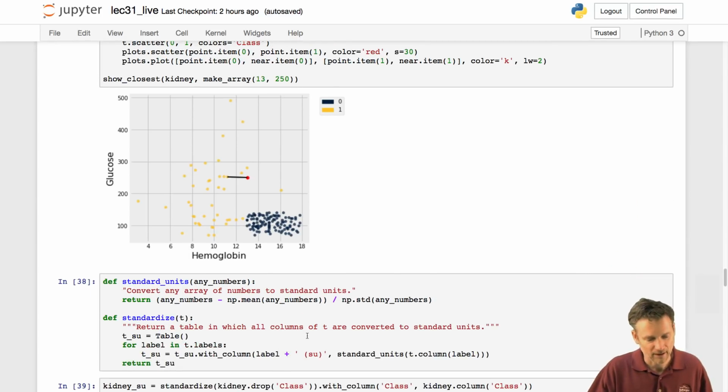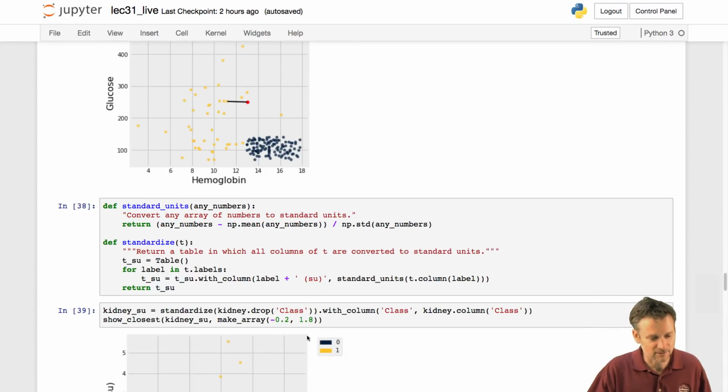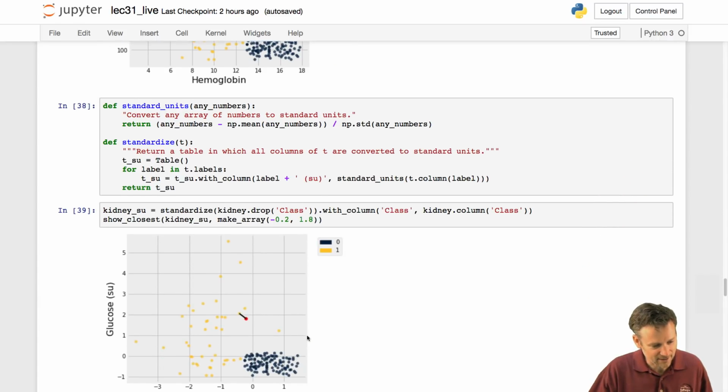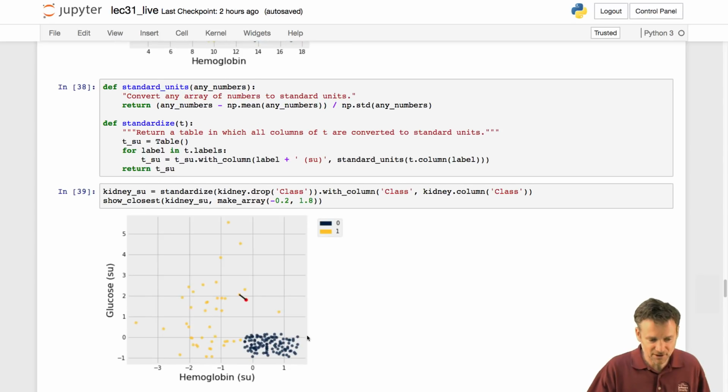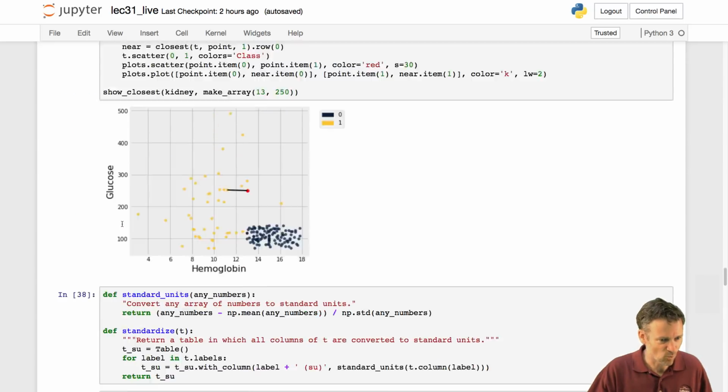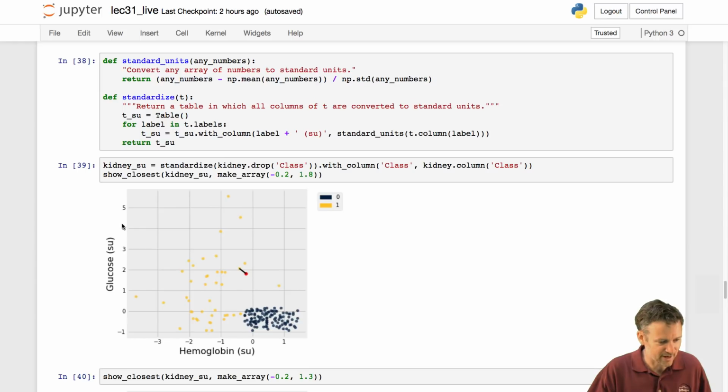I did that. I took the data, converted to standardized units, and now the scatter plot looks like this. Visually it looks almost the same, but the numbers are different. Instead of the numbers going from 100 to 500, now the numbers go from about -1 or 0 to 5 on the y-axis. So you can see now the variability on the x-axis and the variability on the y-axis are about the same.